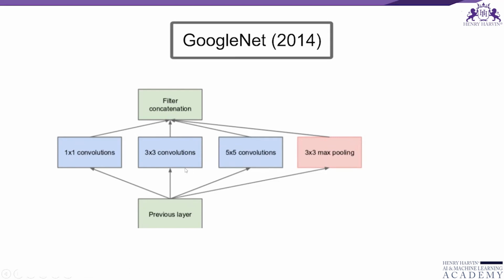So what do we understand over here? The naive inception module performs convolutions on an input from the previous layer with 3 different size kernels of 1 cross 1, 3 cross 3, and 5 cross 5, and maximum pooling is performed. Then the outputs are concatenated and sent to the next inception module.